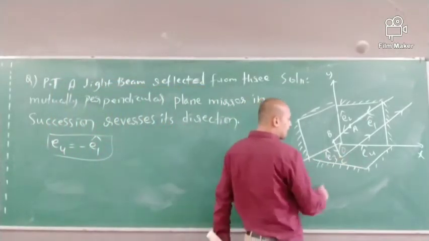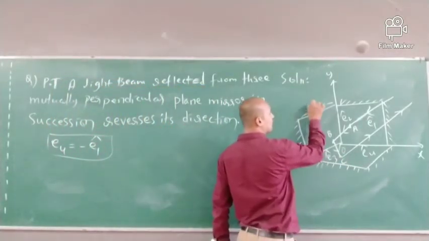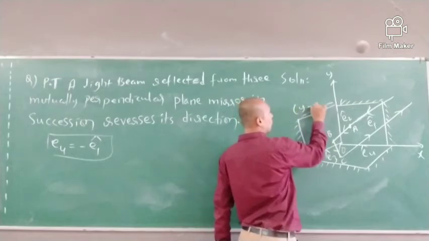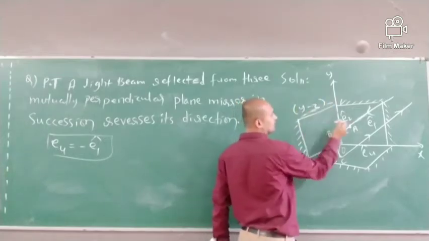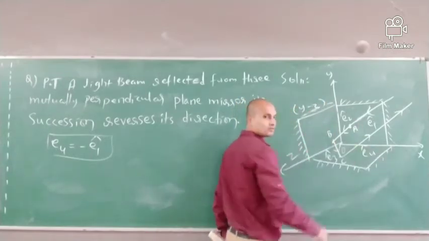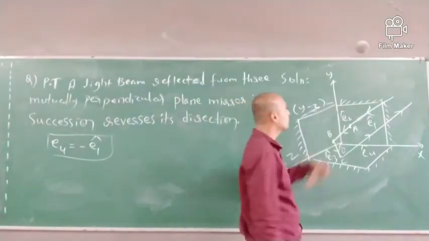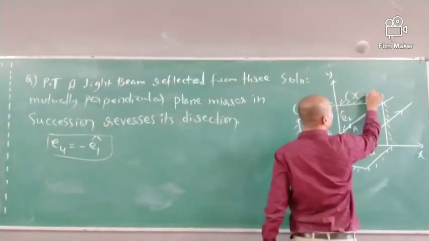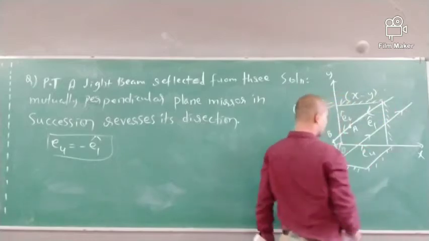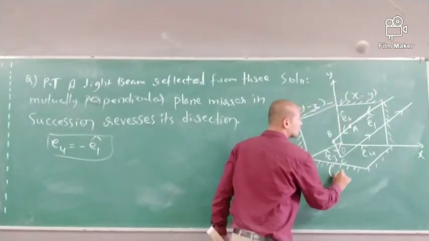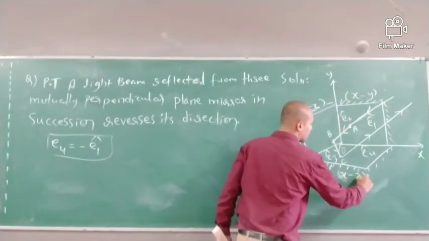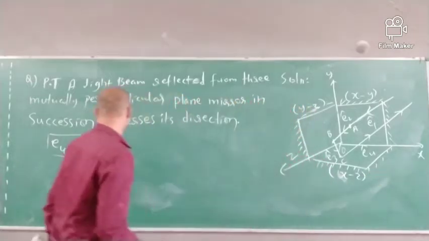If I take this diagram, this is which type of plane mirror? This is along YZ. Its normal vector will be along the x-axis. Correct now? If I take this mirror, it is the XY mirror. If I take this plane, it is the XZ plane. Correct now?